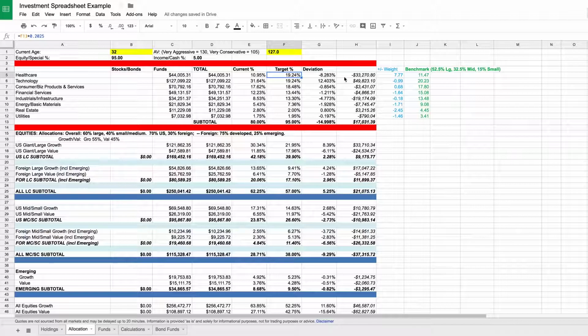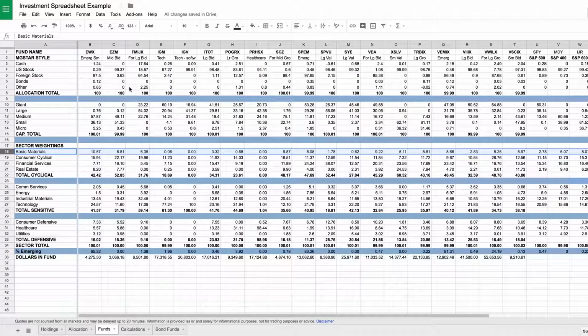So that's basically what this spreadsheet is designed to tell you, what to sell out of and what to buy into. Once you have those dollar amounts, you can go back to the funds page if you want. You can look for companies that have a huge weighting, say in healthcare. Like right away, we see PRHSX, 98% of its dollars are in healthcare companies. So this would be a classic one to buy straight into.